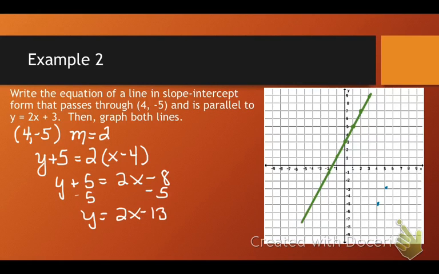It also has a slope of 2. And if my coordinate plane continued, I would see that it crosses at -13.